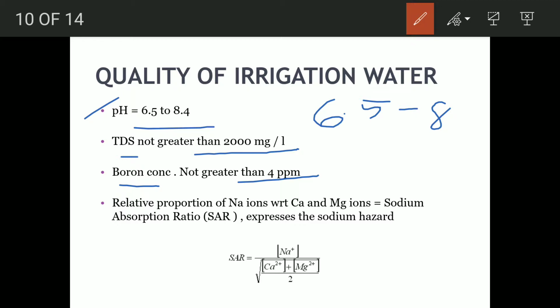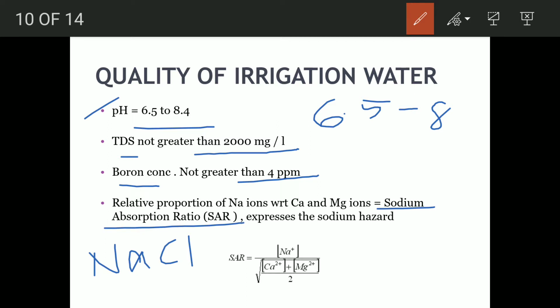Next, we have already said that NaCl salt is very dangerous, due to the reason that it will block our roots and prevent the entry of air and water through the roots. So, in order to express the sodium hazard, there is a term called sodium absorption ratio, or SAR.